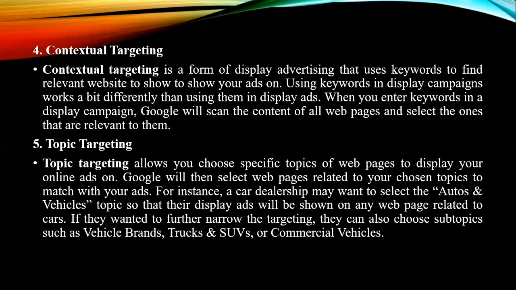If you want some vehicle-related information, or maybe commercial vehicles, you can get it here if you write some topic in Google. When you type a topic related to commercial vehicles, it will directly go to particular websites and get you the information on that topic. Similarly, contextual targeting displays your keywords. When you write the keywords, it will show the particular website.